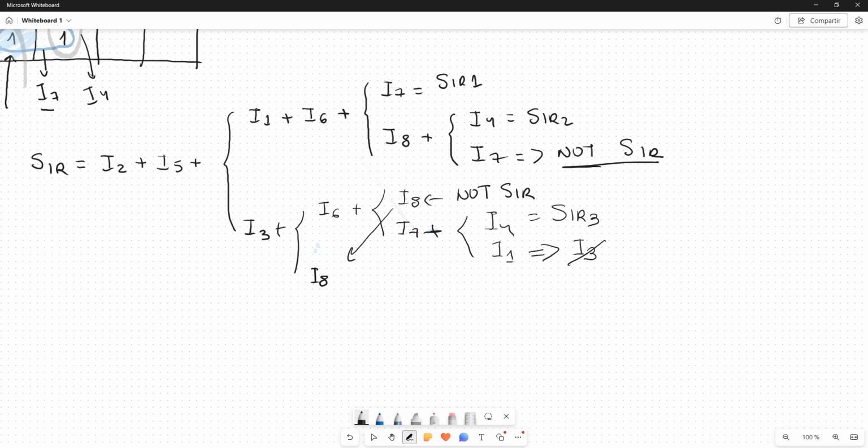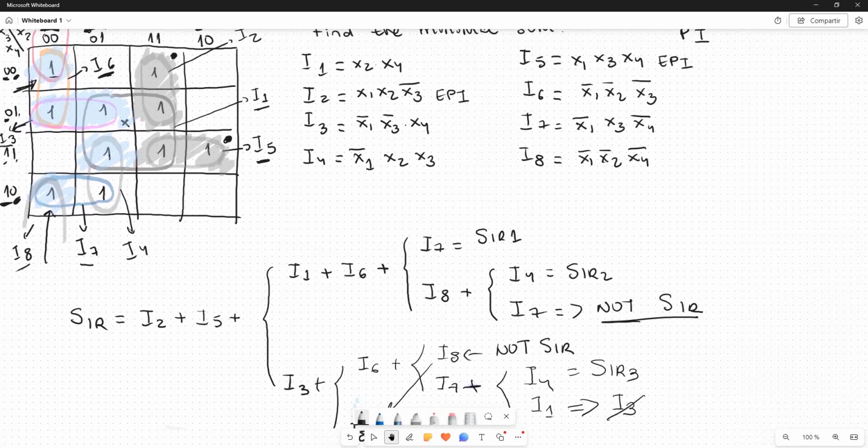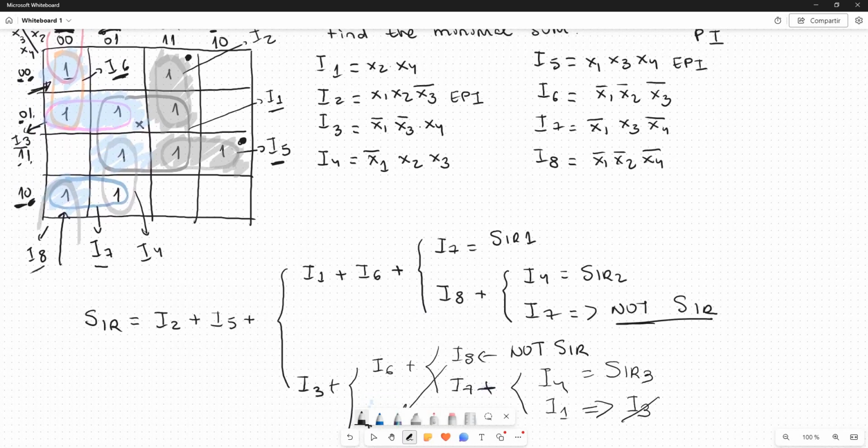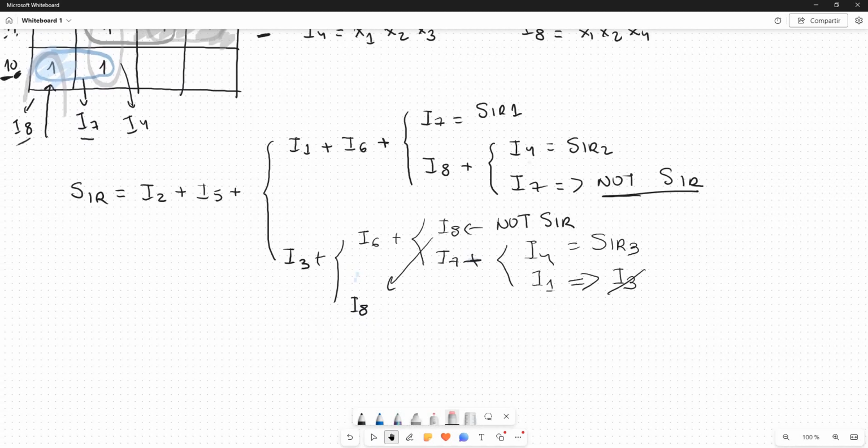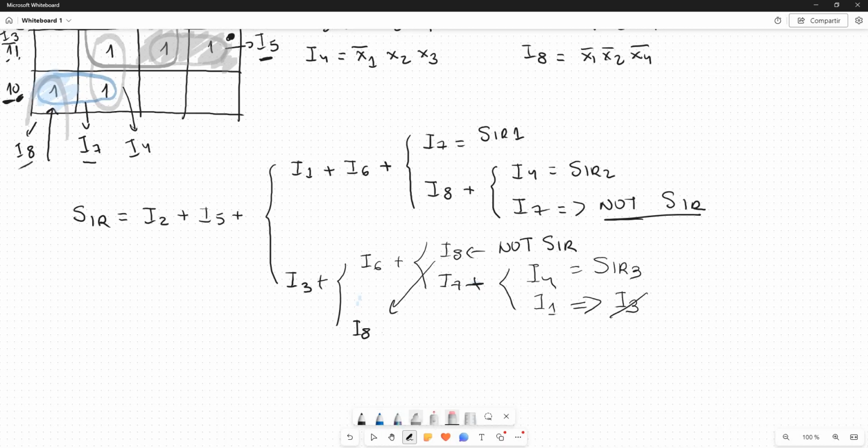We continue. So we have to still cover these ones, and we can use implicant 7 or 4.